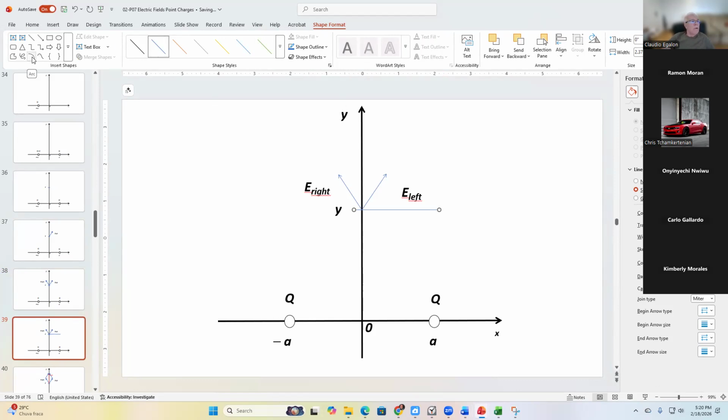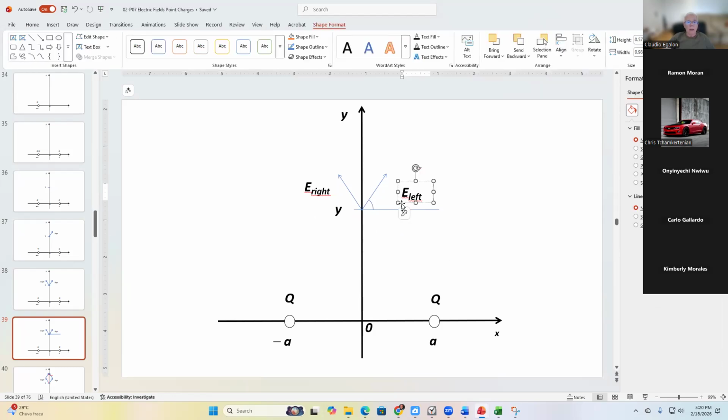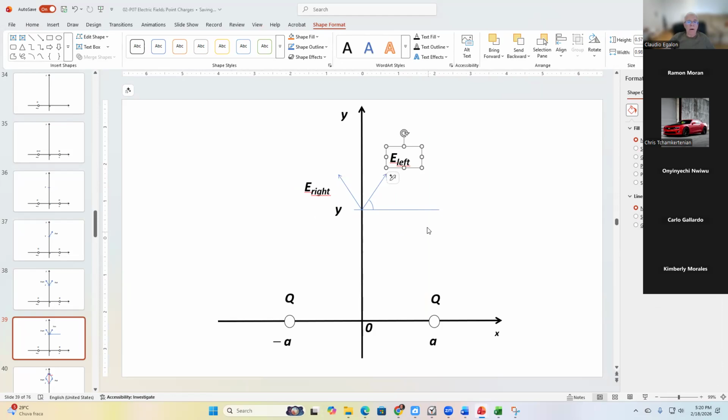Let's try this one here. I want to center this right in here, and put this a little bit higher. Copy and paste.